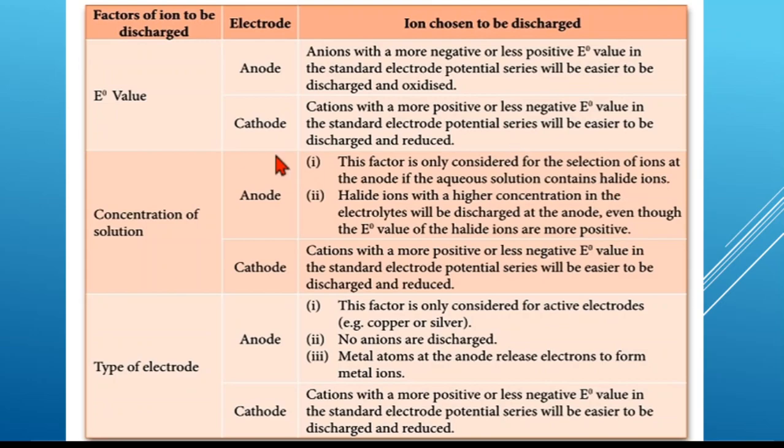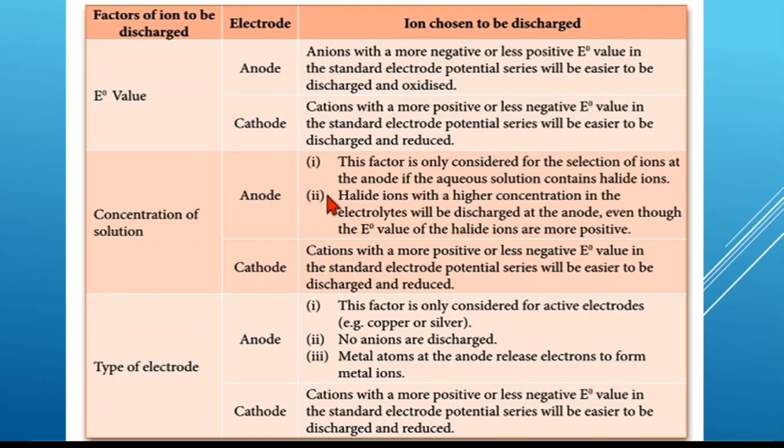Okay, untuk faktor ini kita cuma consider sekiranya aqueous solution kita, electrolyte kita nanti itu mengandungi halide ion. Tahu kan halide ion? Contohnya sodium chloride. Yang ada ide di hujung itu. Okay, sodium chloride. Kalau dia punya concentration tinggi, barulah kita consider ini factor.